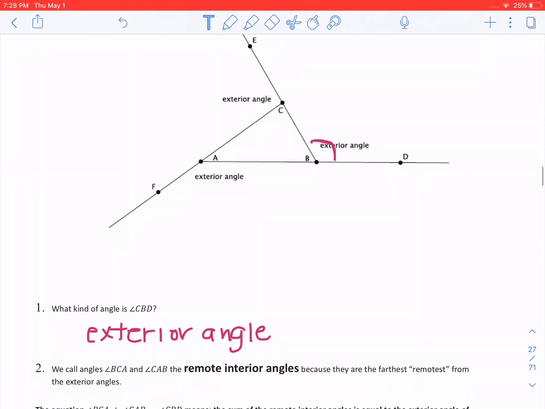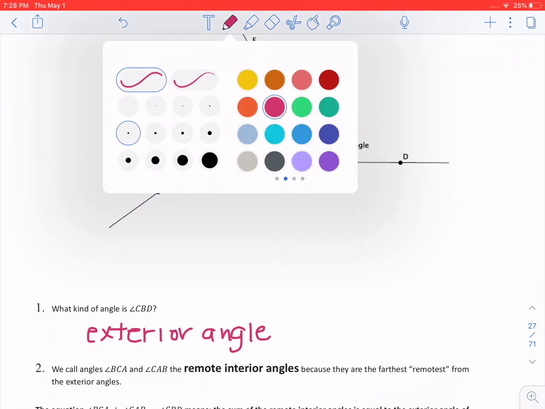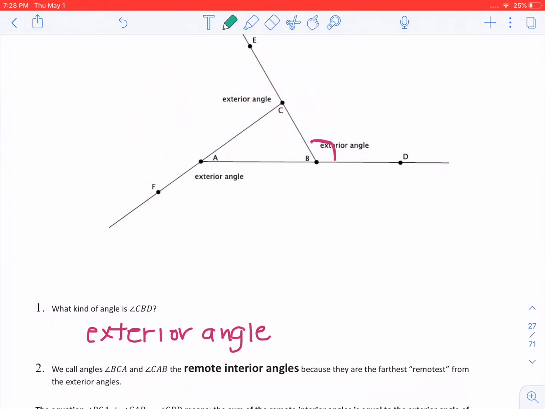Now, it says we call angle BCA, so I'm going to trace that one, BCA. So we're talking about the angle right inside, right by that letter C. I'm going to change colors. So this angle right here. And CAB, if you trace that with your pencil, we're going to talk about this angle over here.